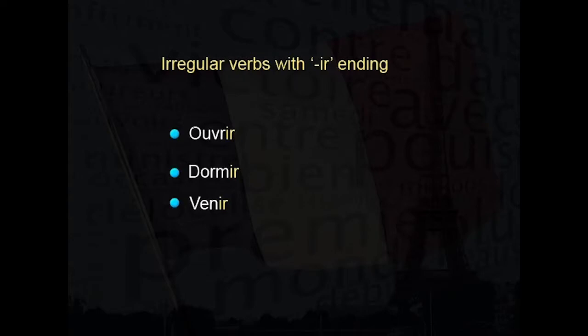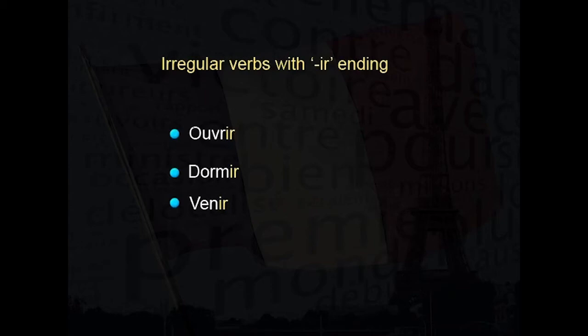In this section, we'll examine a couple of verbs that look like second group verbs but which do not belong to this category. Verbs like ouvrir, dormir and venir all end with IR, but none of these verbs belong to the second group.